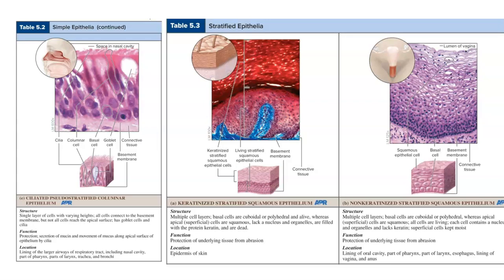That's what we commonly call your throat, not your pharynx. Part of your larynx, that's what we commonly call the voice box. Also, you have the non-keratinized stratified squamous epithelial line your esophagus, vagina, and anus.